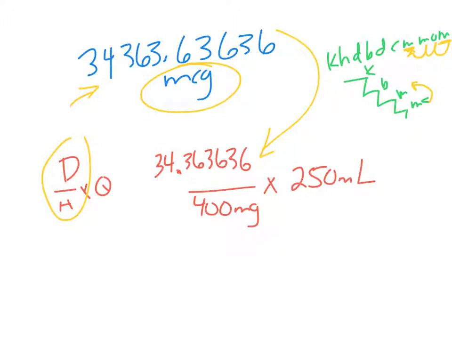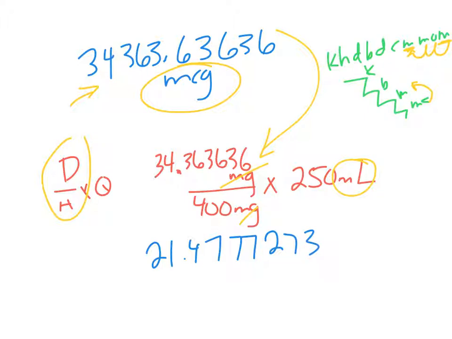So I'm going to leave that exact same number in my calculator, but now that it's in milligrams, it's going to cancel those two out and leave me with the milliliters that I want. So I'm going to take that number, divide by 400, and then multiply by 250, and we get 21.4777273.